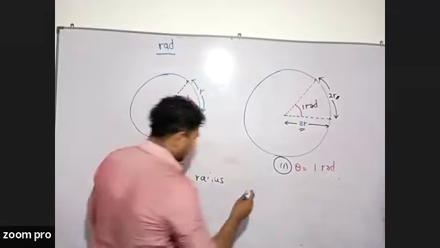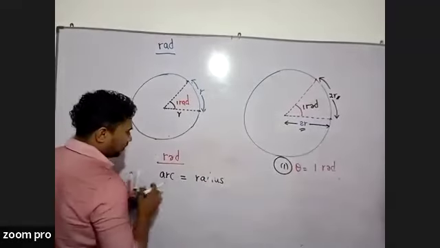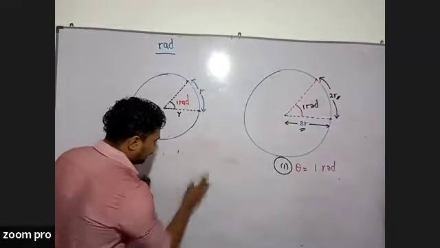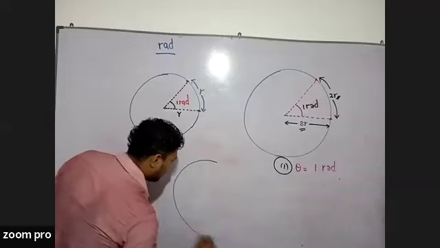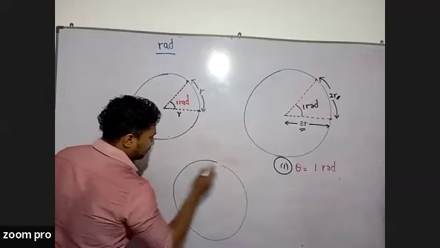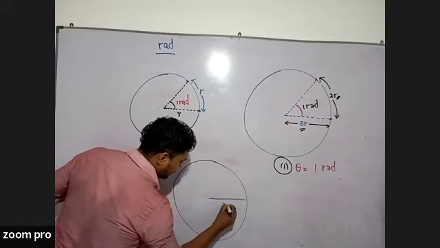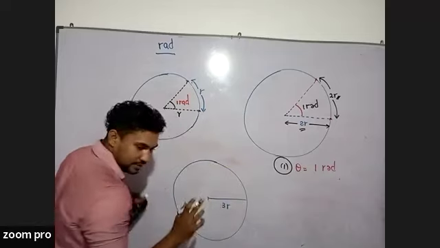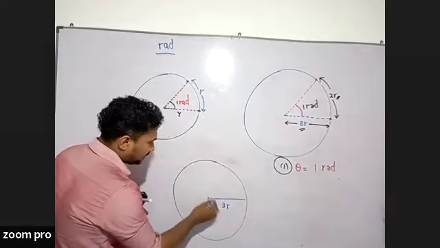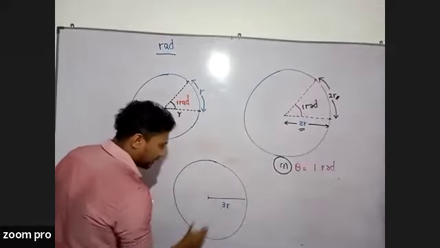Okay. So if I take another example, let's consider a circle with a radius of 3r. Now imagine that this circle has a radius of 3r.